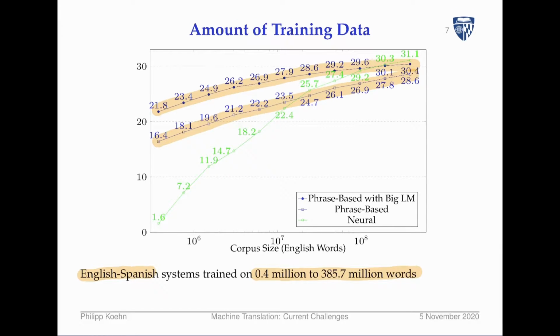That's a relatively flat curve when contrasted to the curve for neural machine translation. That starts in really horrible territory. But then at around maybe 10 million, maybe 100 million words, it starts to outperform statistical machine translation and finally surpasses it. So that also means that more data helps.